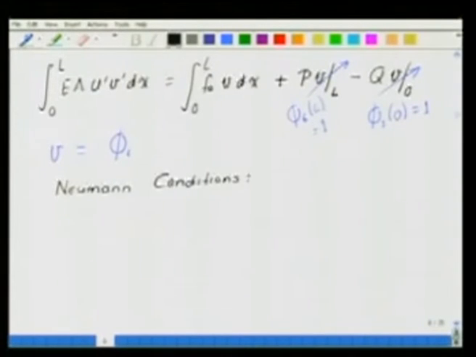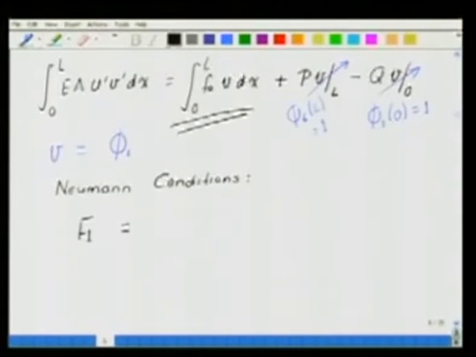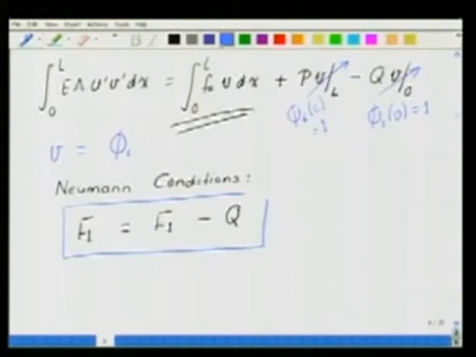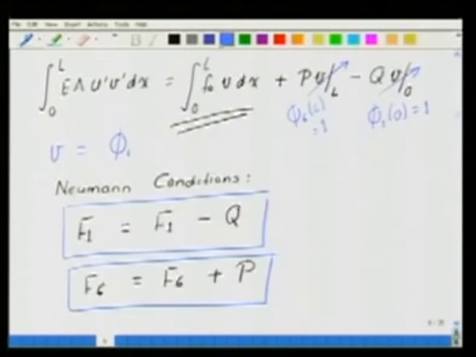To the known F1 that we have computed using this part, we are going to add or subtract, because Q is given like that, Q. This will be the modified F1, and just like what we did earlier, F6 will be equal to the computed assembled F6 plus P. So application of the Neumann boundary conditions for this one dimensional problem is very easy.